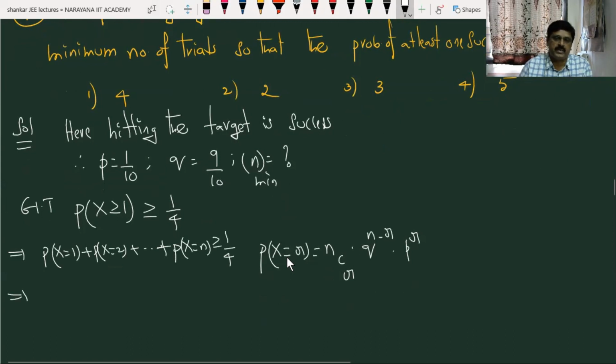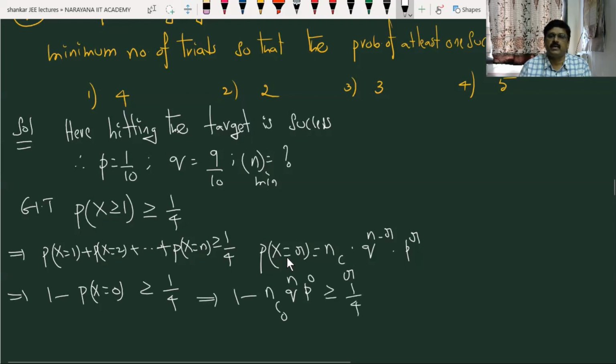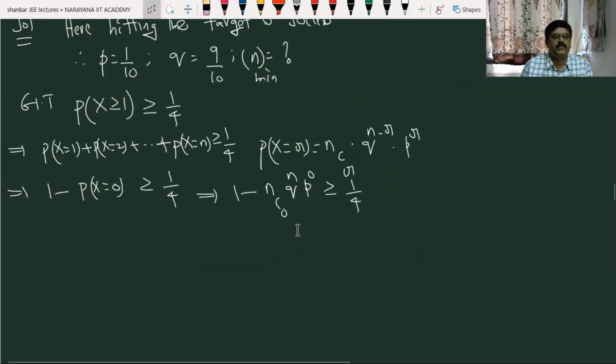So better to write this in complement manner. So 1 minus P of x is equal to 0 is greater than or equal to 1 by 4, students. So 1 minus P of x is equal to 0 means what, students? nC0 into q power n into p power 0. Then you will be left with 1 minus nC0, that is 1, students.